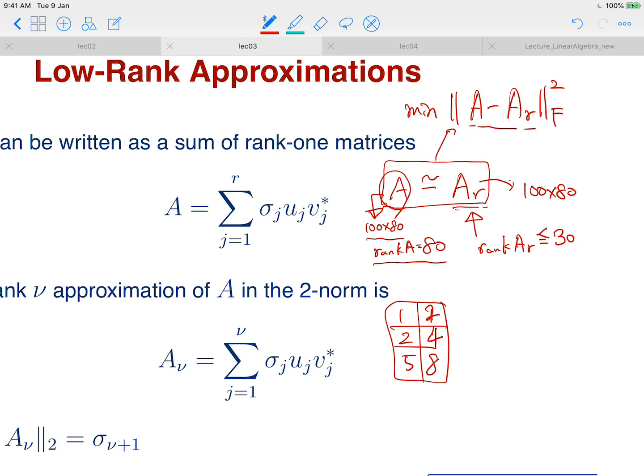Suppose we are given this matrix that has the rank of 2, and we want to obtain the low rank matrix that has the rank of 1. So in this case, 1, 2, 4, and 2, 4, and 10.